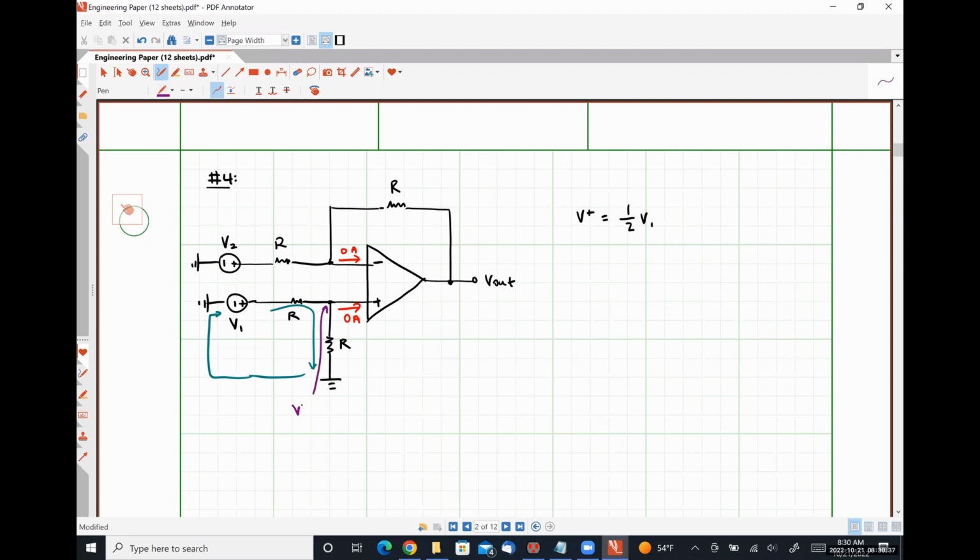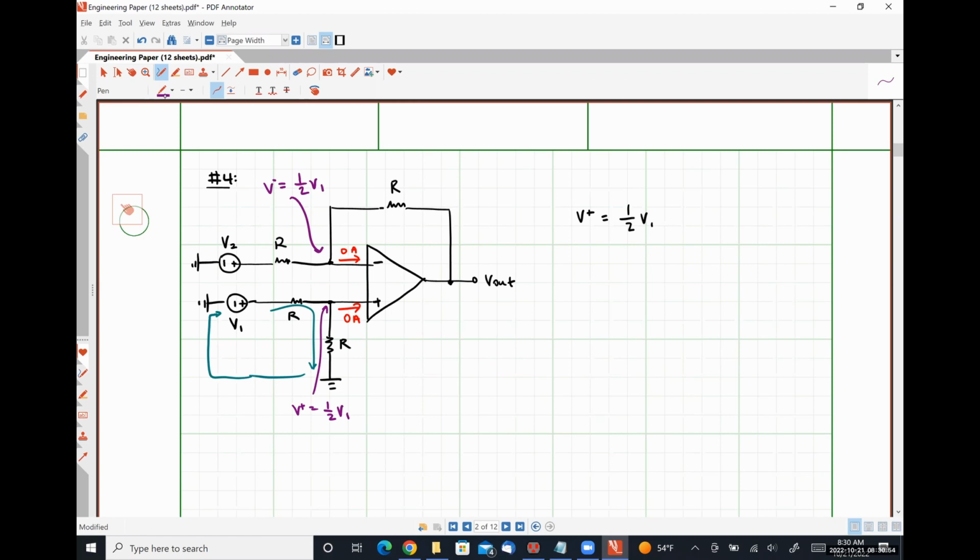So we have V plus is equal to 1/2 V1. And then V minus must also be equal to 1/2 of V1 because of op-amp rule number 2. Okay.